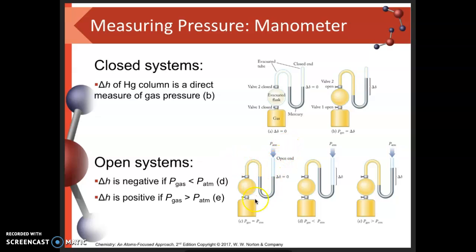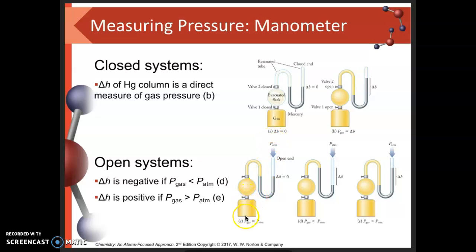And in an open system, what we do is we have the same setup, but instead of the evacuated flask, we have a flask that is open to the atmosphere on one end and open to a gas tank on the other. And depending upon what happens to the height of the mercury, we can measure the pressure of the gas relative to atmospheric pressure.